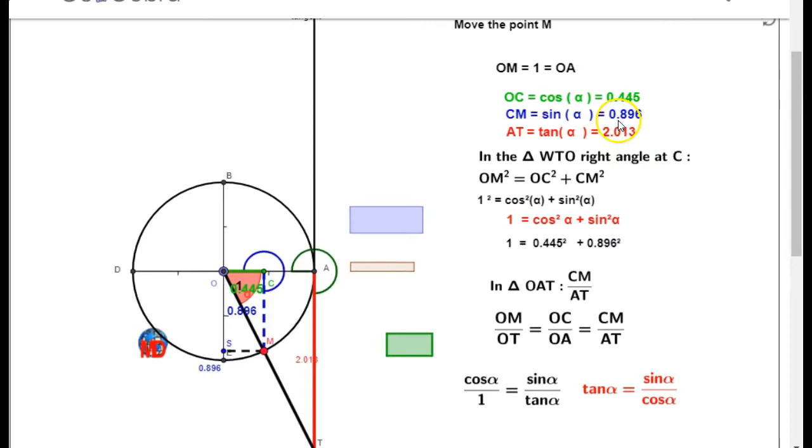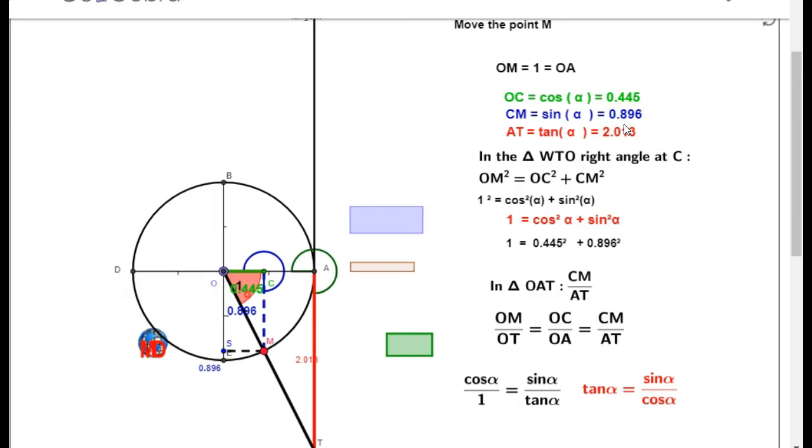I got my sine at 0.89, and when I do 2 divided by root 5, I get 0.89. So that was pretty accurate with what we got on GeoGebra. Okay.